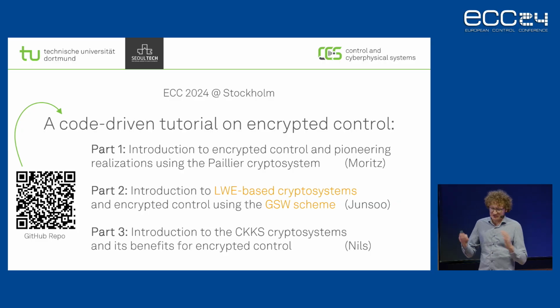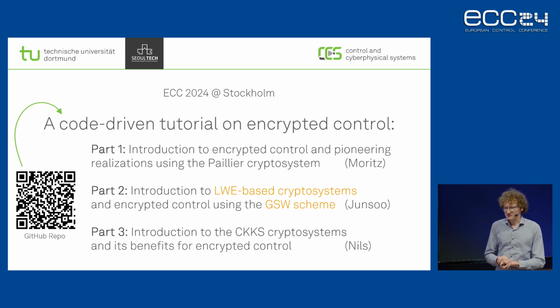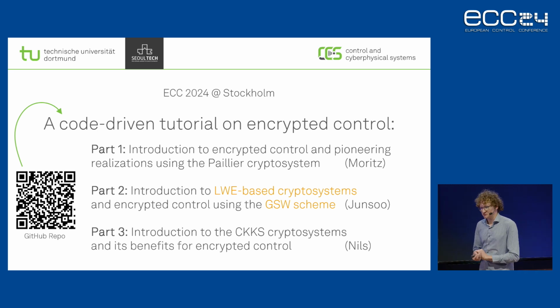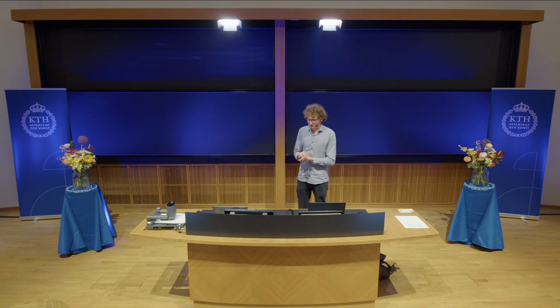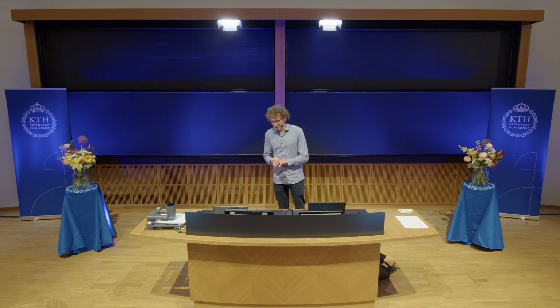The Paillier crypto system, which I will be introducing, starts, as you might expect, with picking two large prime numbers and doing something with them, while the LWE schemes feel very, very different, and you will learn about them in the second part, based on the GSW scheme. And then in the last part, we pick up the state-of-the-art crypto system CKKS, and Niels will introduce something about that for you.